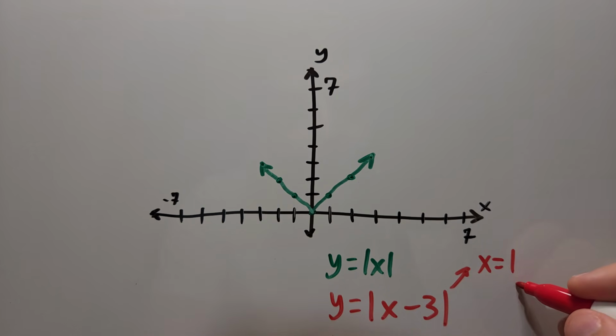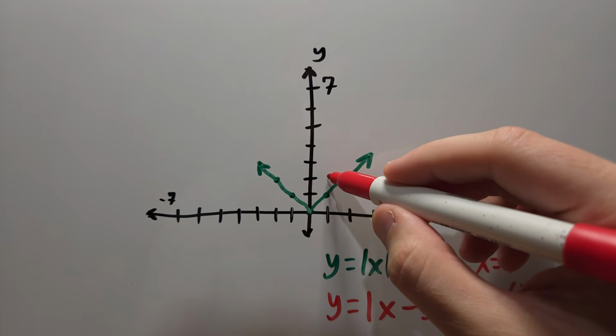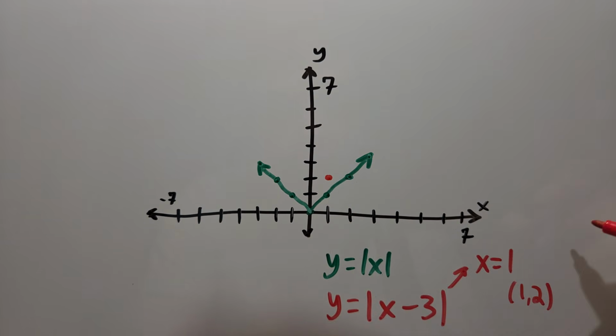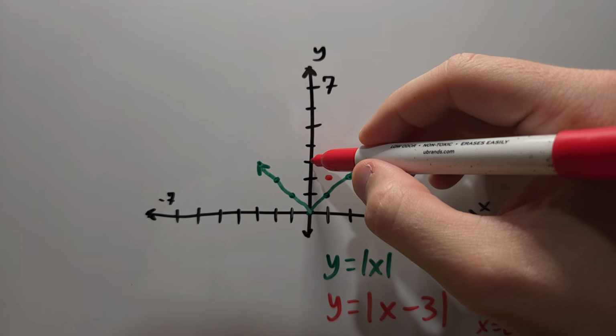So now I have the point 1, 2, which is up here. If I were to plug in 0 minus 3, well, that's negative 3. Absolute value of that is positive 3. So now I have 0, positive 3.